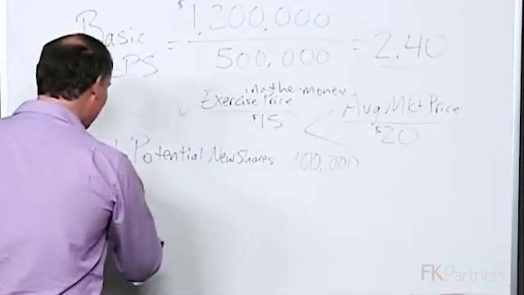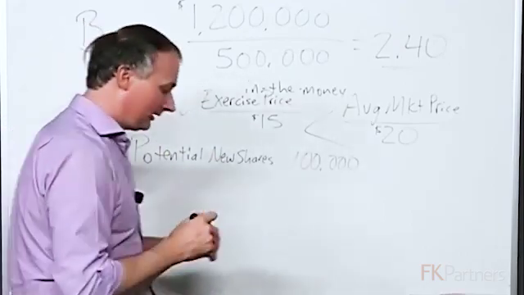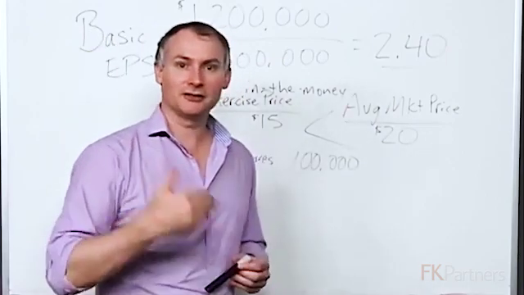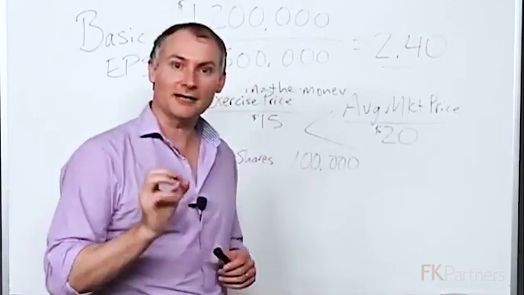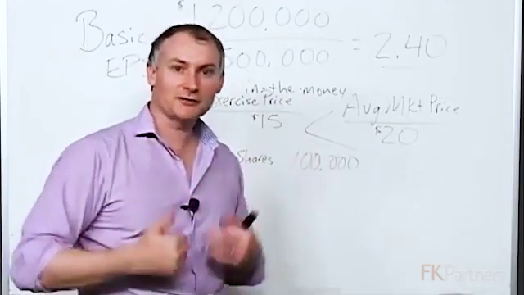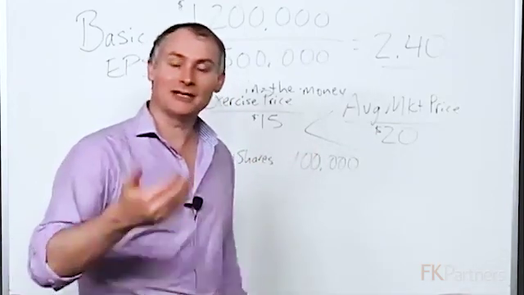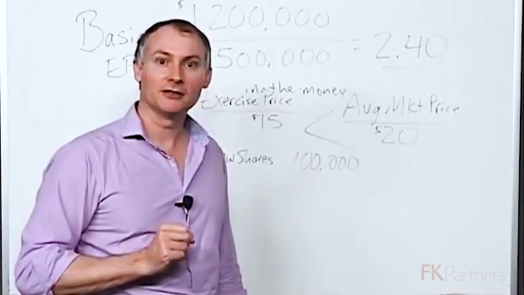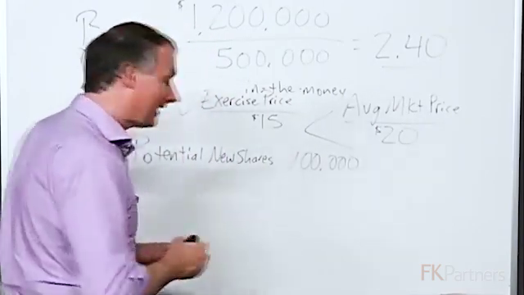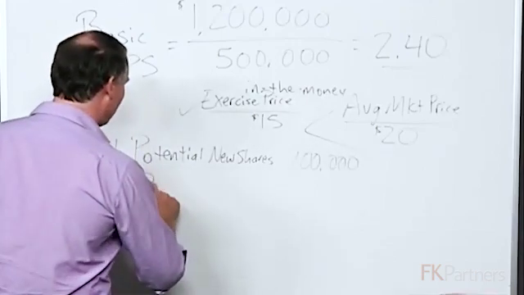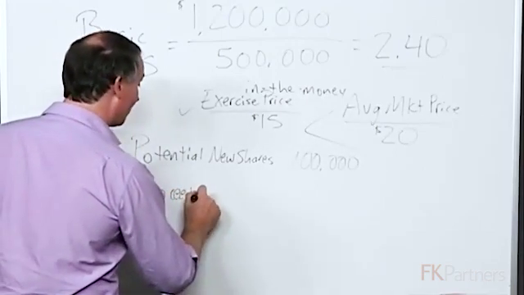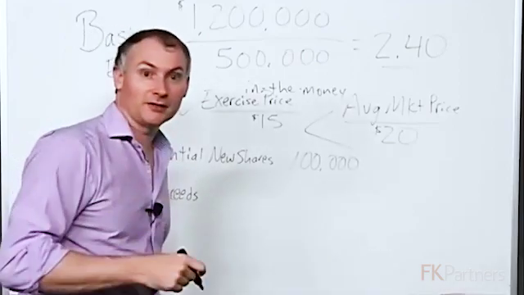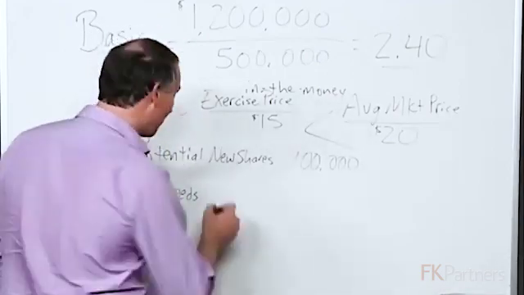Now, the second step would be to say, all right, now if the employees actually do exercise these stock options, they don't just get shares of stock for free. They actually have to pay something. What do they pay? They pay $15 per share. So we're going to need to calculate now the proceeds that the company would actually receive if those employees exercised their stock options.